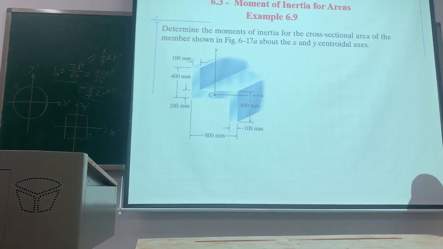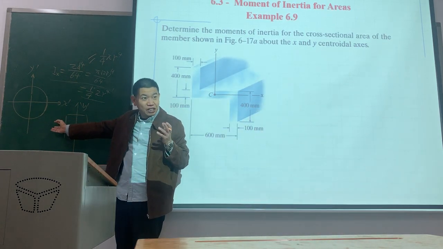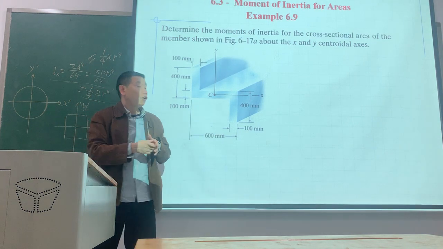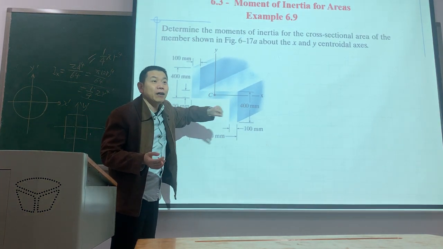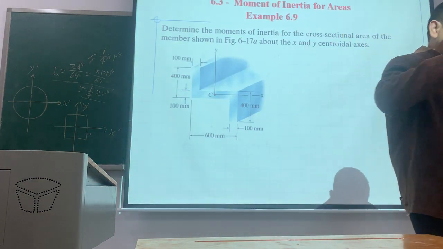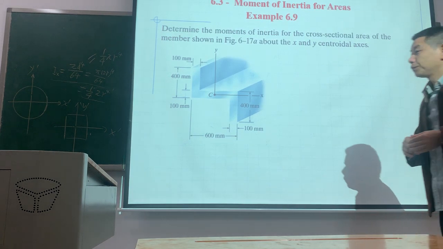It's difficult because I just asked you to remember the two cases, but it's a composite area. And first, we have to divide it into regular areas. Yes or no?